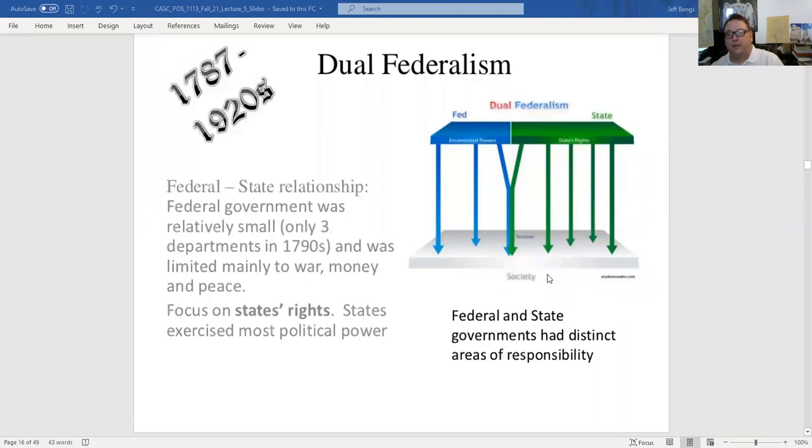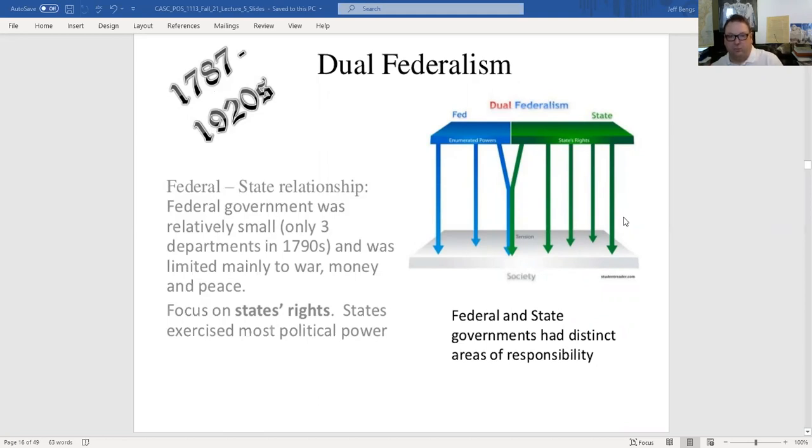So this slide just again illustrates the dual federalism, 1787. I said make sure you use the year 1789 to 1937, but some places are going to say it began in the 1920s. That's okay.